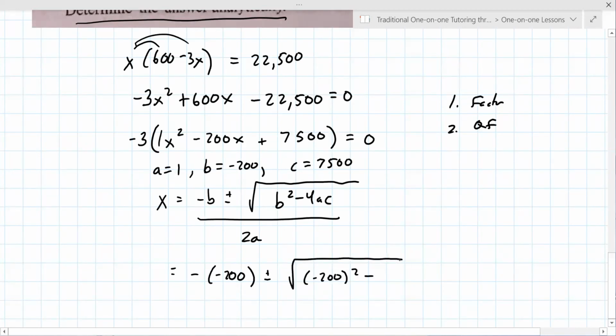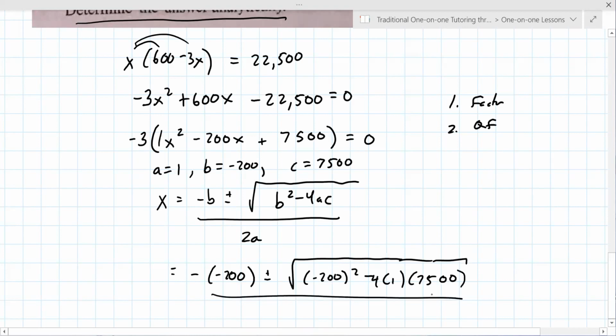It's easy to make a sign error. This should work out nicely, believe it or not. Over 2 times 1. If you have a calculator handy, I would recommend using it here. I'm also going to enter it in.